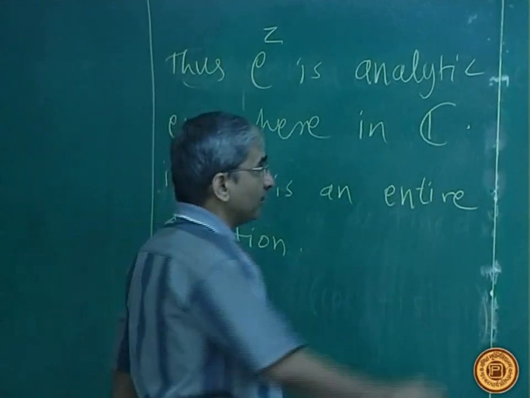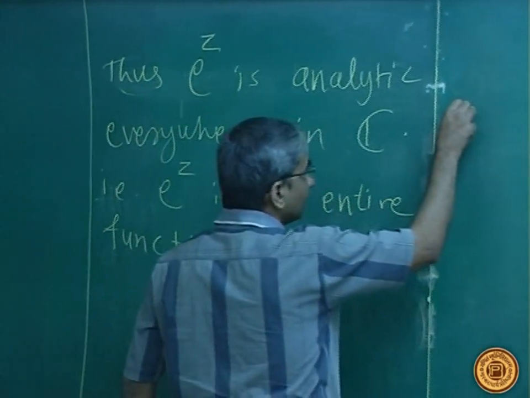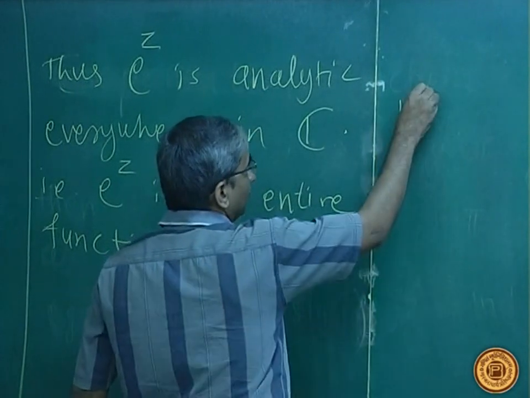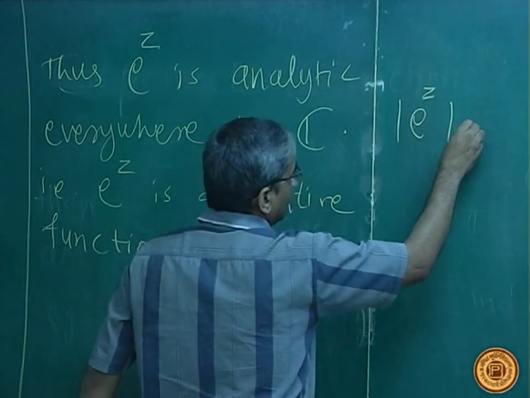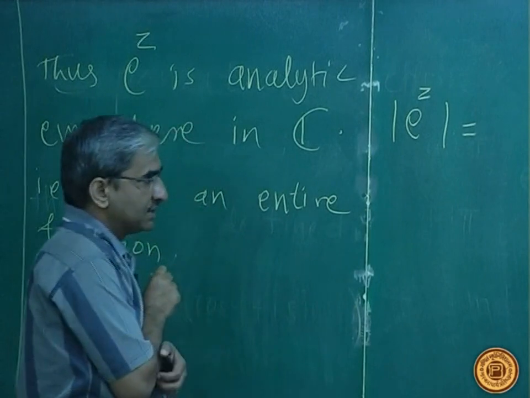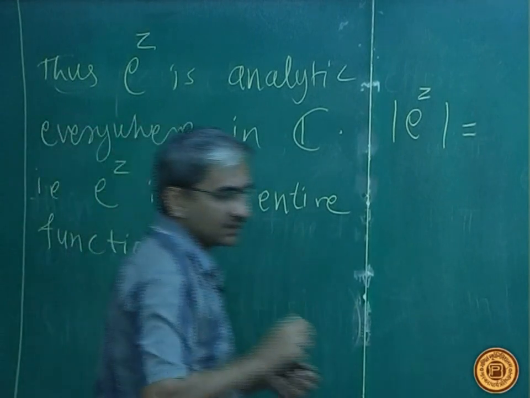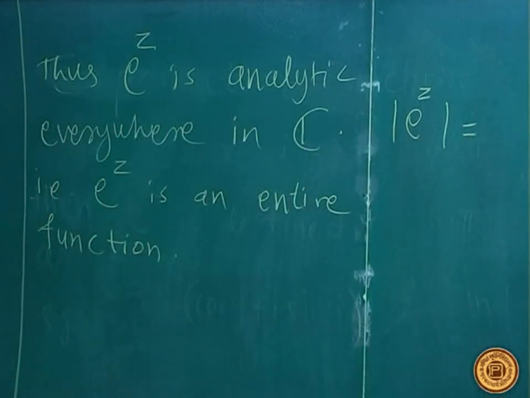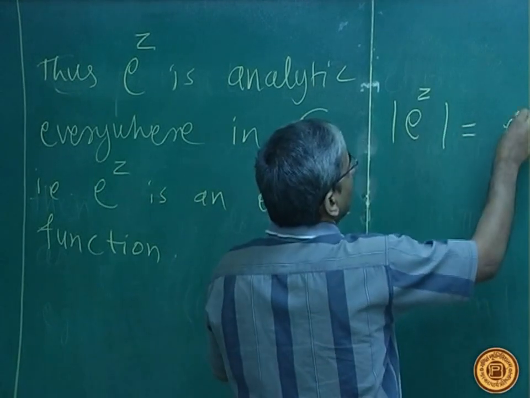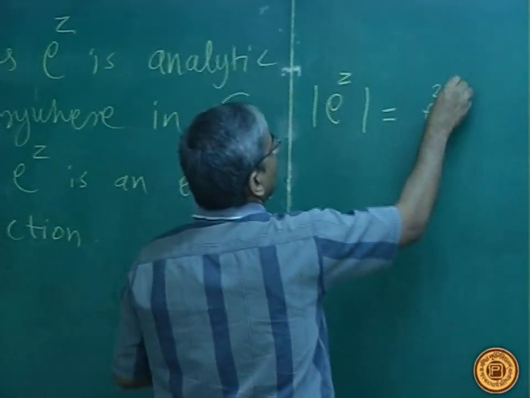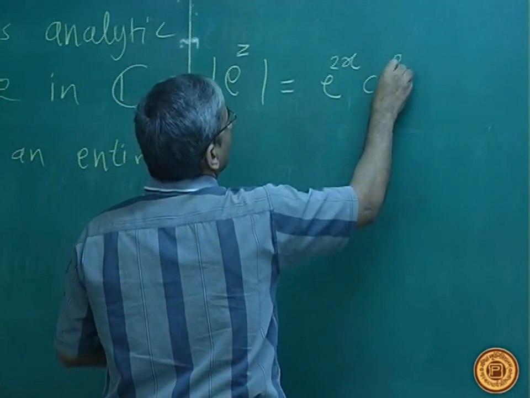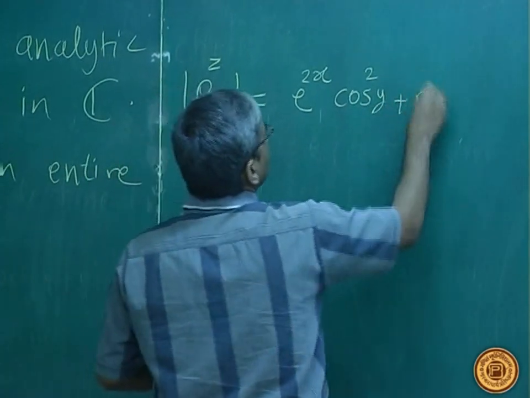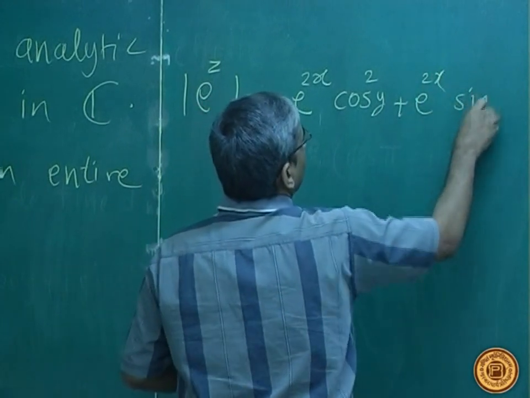Okay, next property of e to the power z is mod of e to the power z. Now what is mod of e to the power z? It is e to the power x cos y plus i times e to the power x sin y. So mod of e to the power z is the square root of e to the power 2x into cos square y plus e to the power 2x into sin square y.